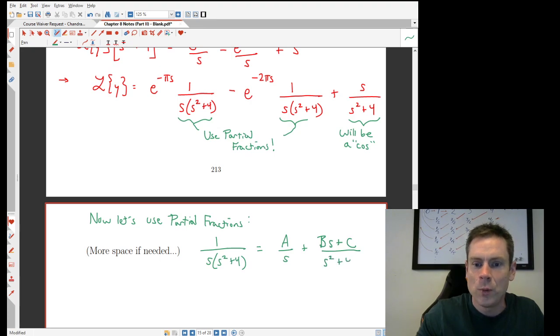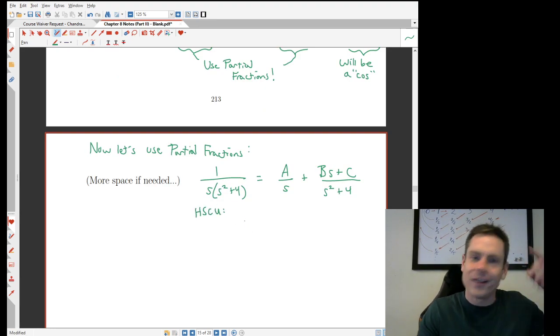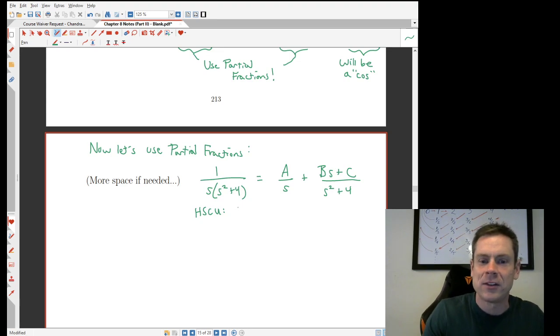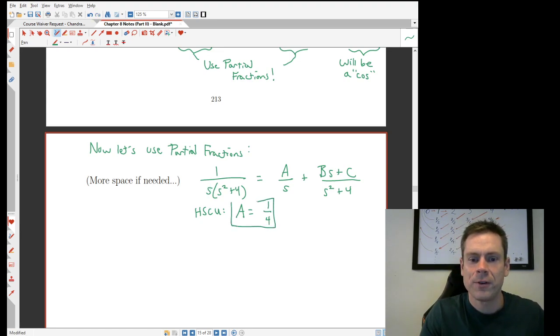So we want to write it like this, and it looks like we can get A for free using Heaviside cover-up. Heaviside's pulling more than his weight here. He's appearing in multiple places in this problem to help us out. Real hero there. So I want to get A. I'm going to cover up the s, plug in a 0, and I get 1 over 4. That should be not too tough.